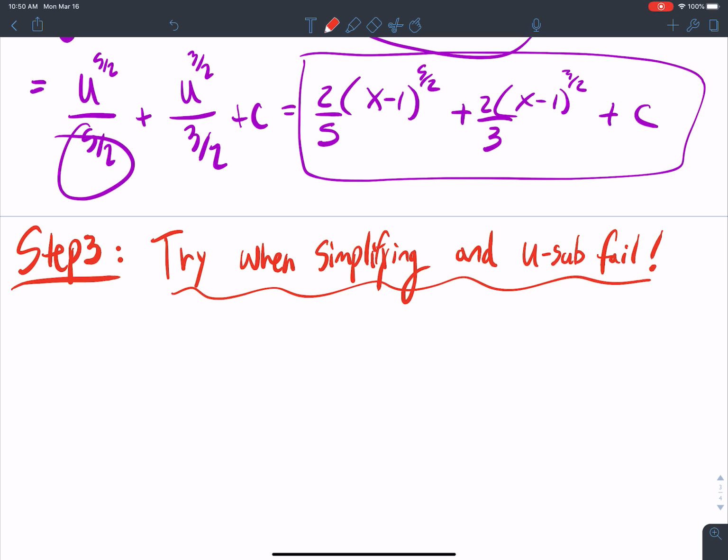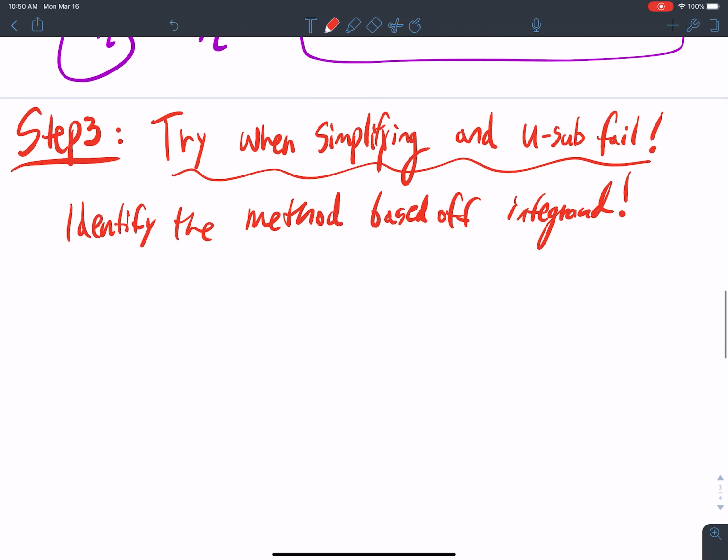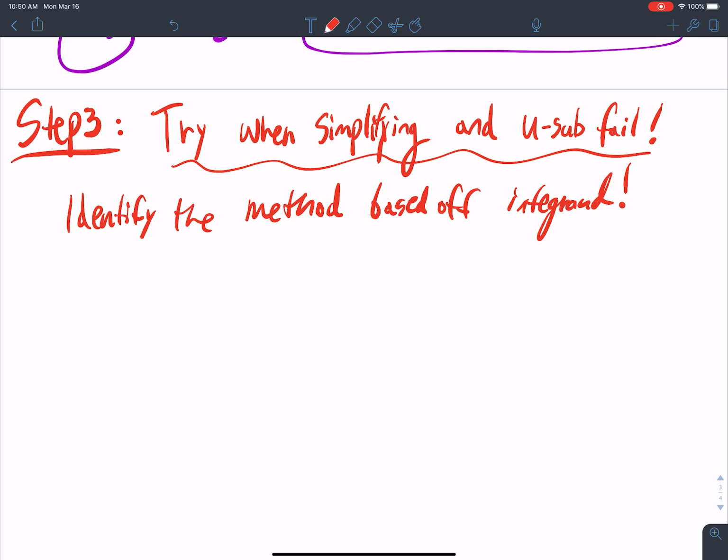If this is the case, identify the method based off the integrand. So we're looking at the integrand, the function in the middle. Okay? So integration by parts.